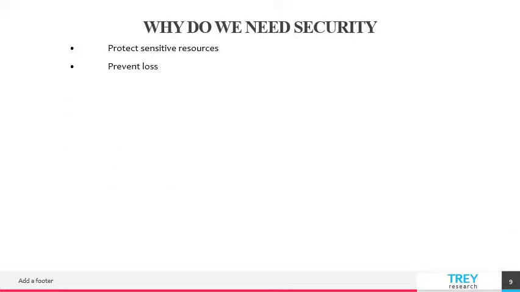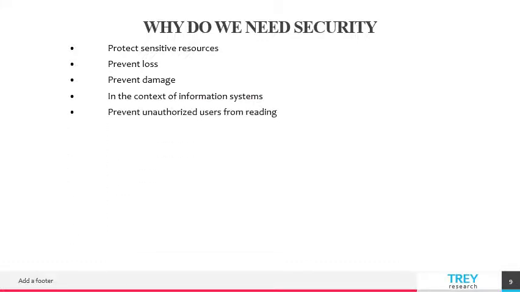Prevent theft: if anyone is able to access your device, someone can maybe delete something from it, meaning there will be a loss of data or information. Also, prevent damage. Someone can infect your files with viruses, so we need security to prevent such damage in the context of information systems.